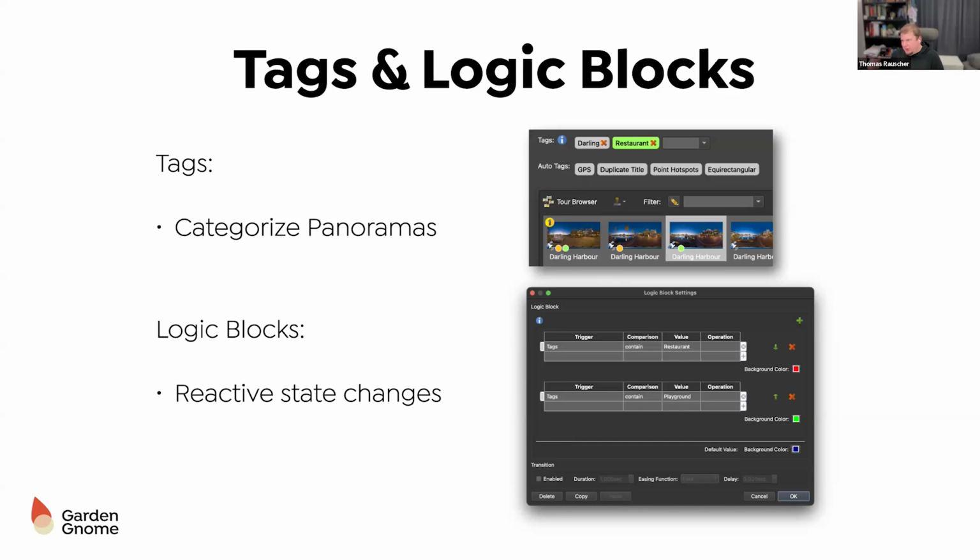And with the logic blocks, you can decide what should happen if I'm at a node with a certain tag. Like in this example on the slide, changing the color for a restaurant or a playground. If the node is tagged with playground and you have a hotspot that links to this, you can change the color depending on those tags.